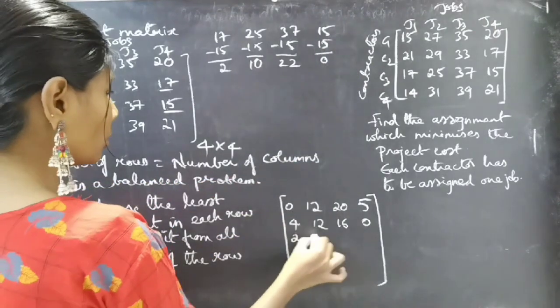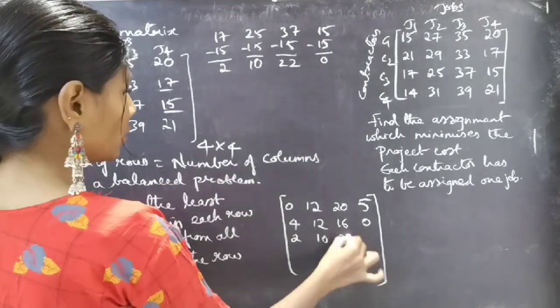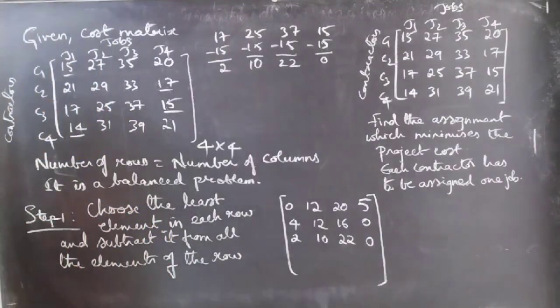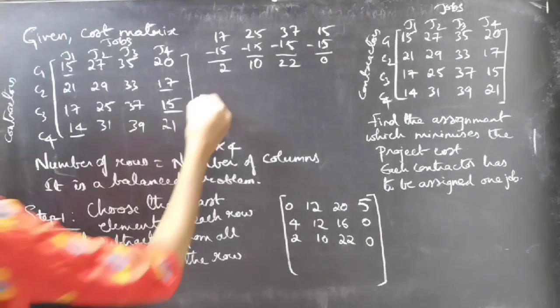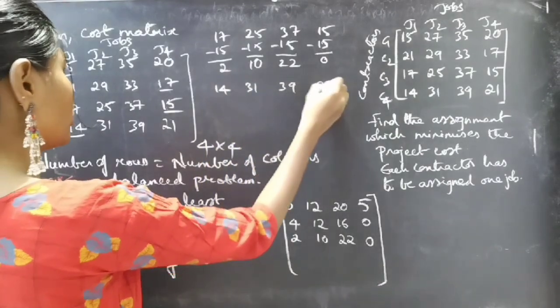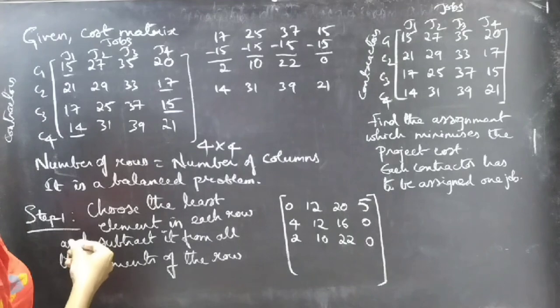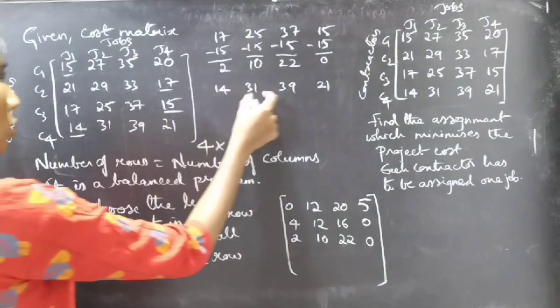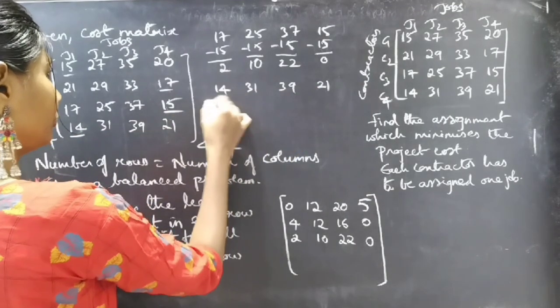So we'll get 2, 10, 22, 0 in the third row. Now coming to the last row, 14, 31, 39, 21. We have to subtract 14 from all these entries.